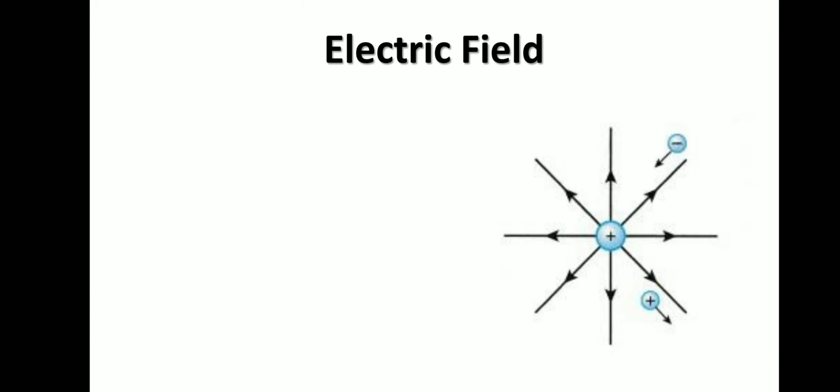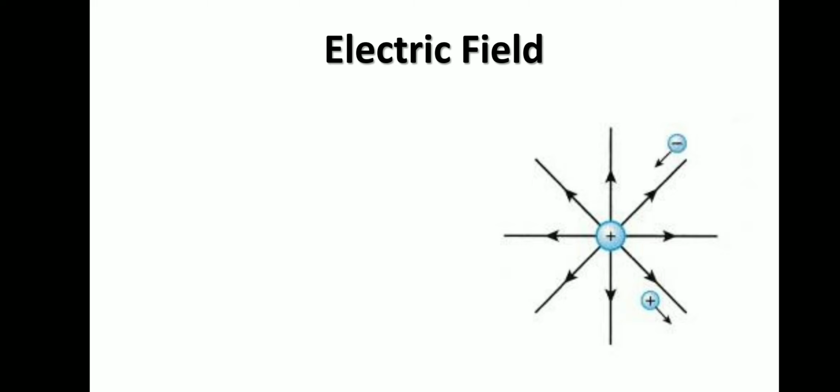And if these charges were outside the region, there was no kind of force between them. It means when these charges are within this region, they experience a kind of attraction or repulsion force, and only within this region.